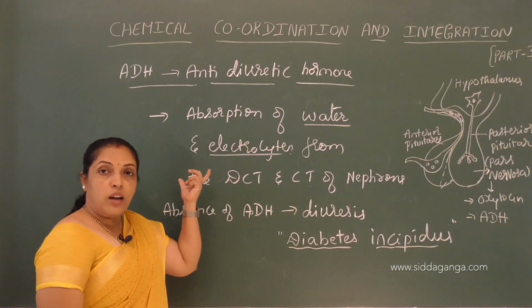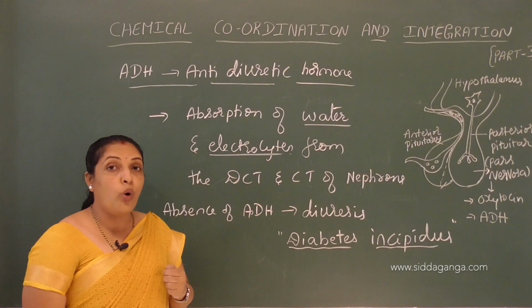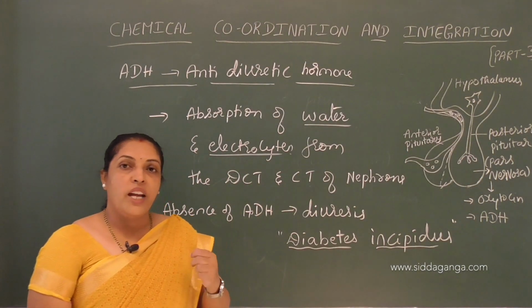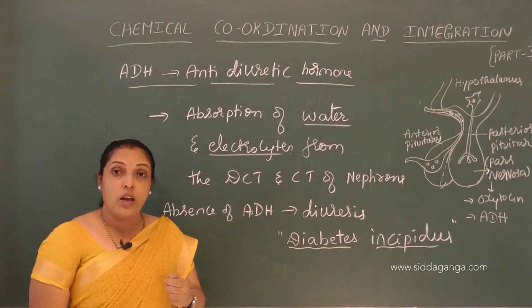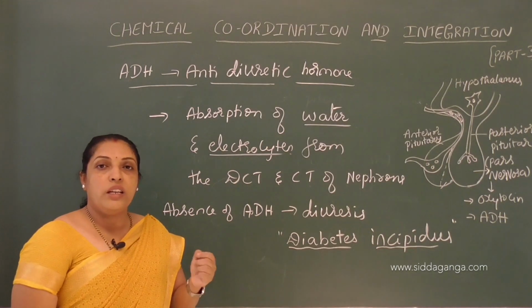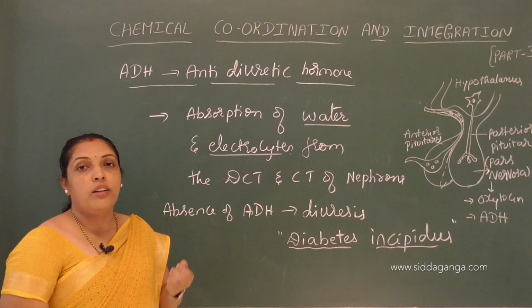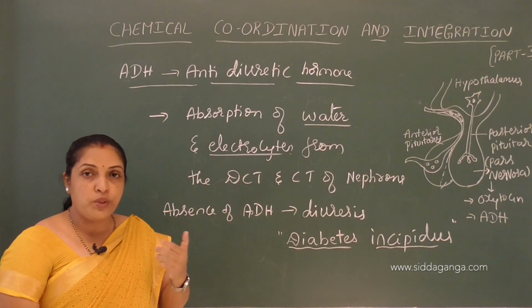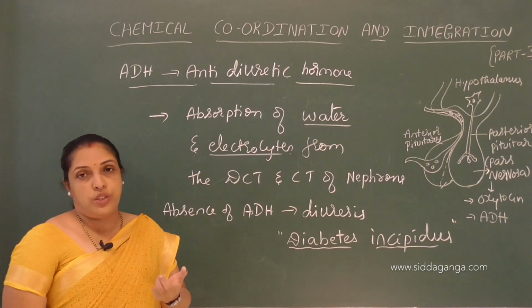The secretion of this hormone is more in desert animals like camels, because we know in the desert there is scarcity of water. That's why the animals have to withstand it and prevent the loss of water.